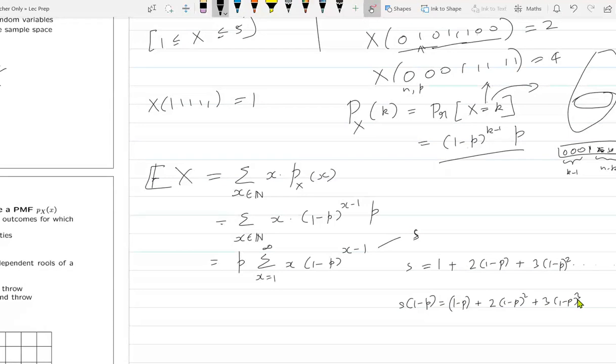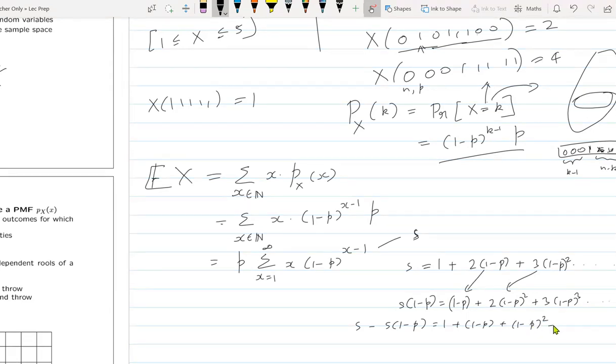And then subtract them. Let's subtract this term from this term and so on. So s minus s into 1 minus p is 1 plus 1 minus p plus 1 minus p square plus so on.